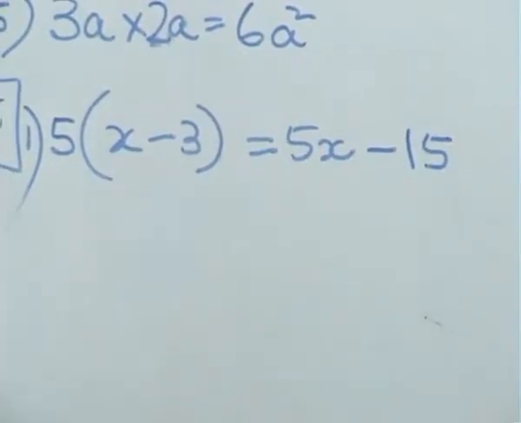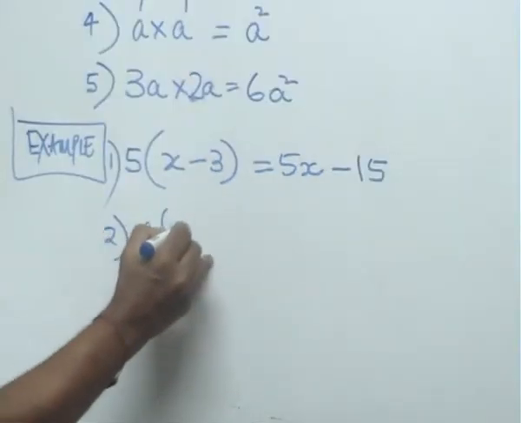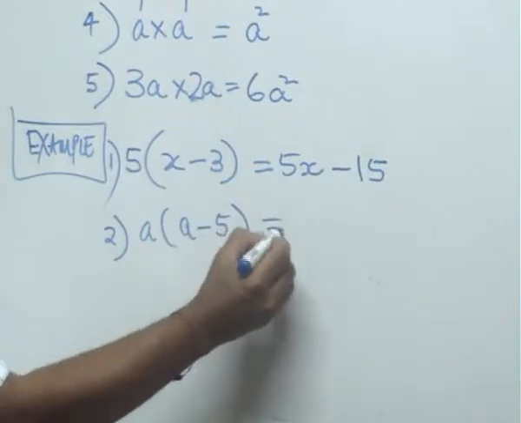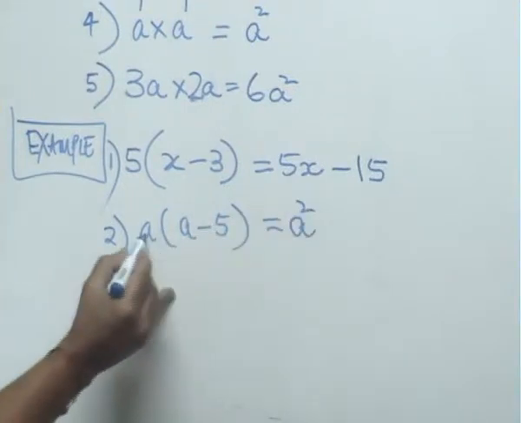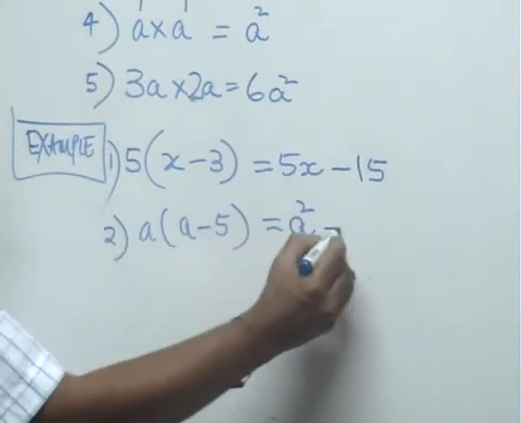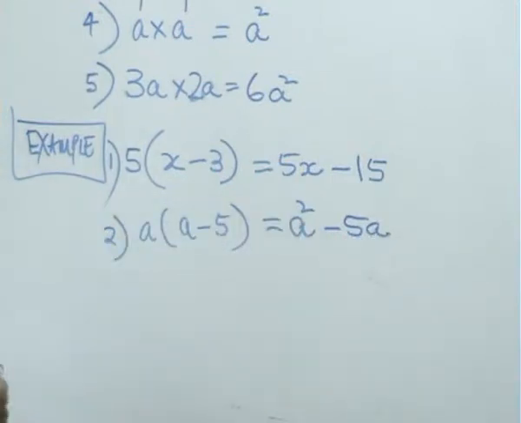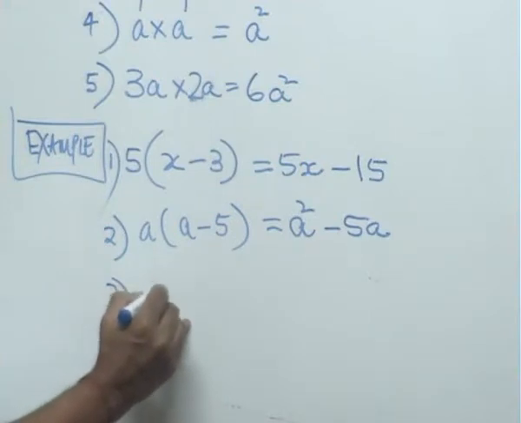You don't have to show me the steps, you can even do it mentally. Then if you do another example, a times a minus 5. Well, you'll say, a times a is a squared, a times minus 5 is minus 5a. You can do it like this without showing me the steps.